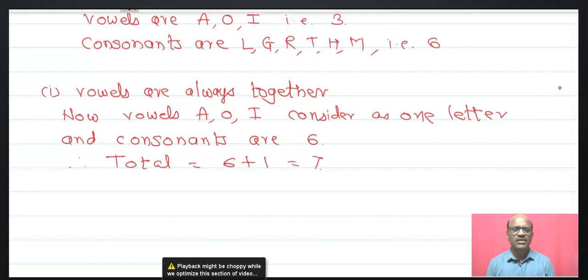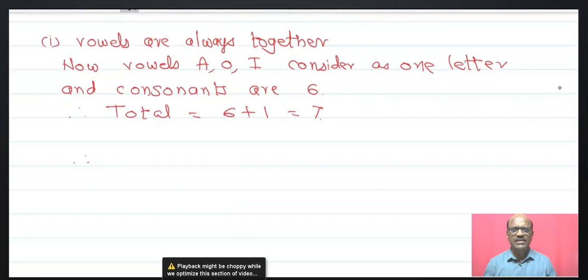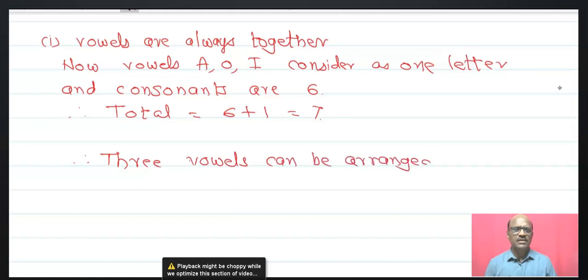That is a total of 6 plus 1, that is equal to 7. Three vowels can be arranged in 3 factorial ways.